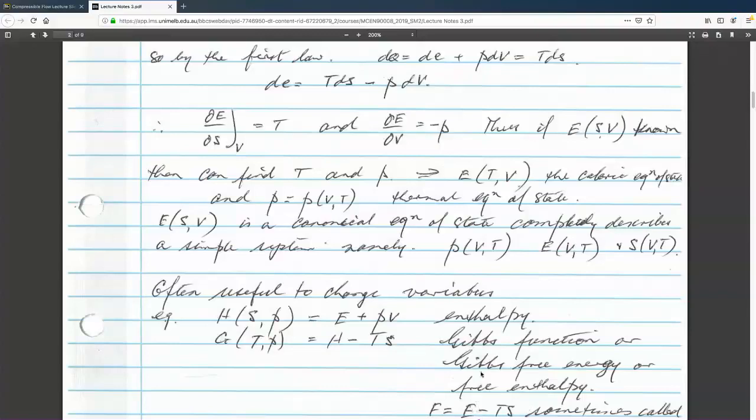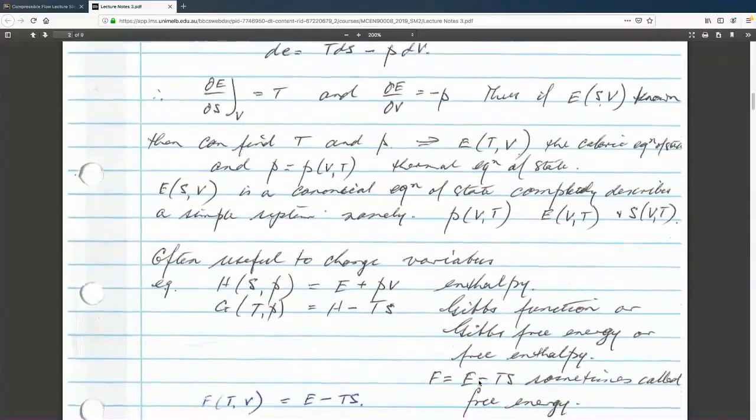And we could also construct G of T and P, and G is called Gibbs function, or the Gibbs free energy, and it is H minus TS.